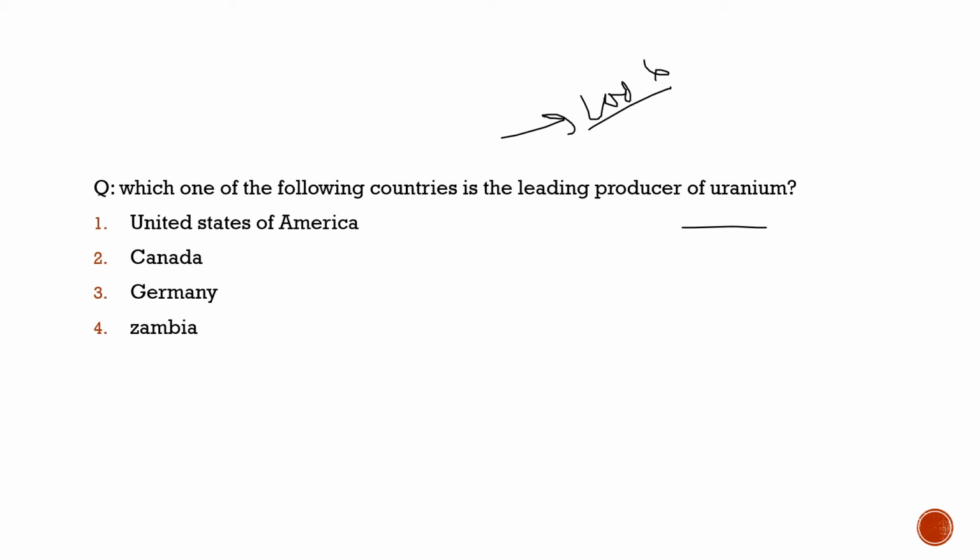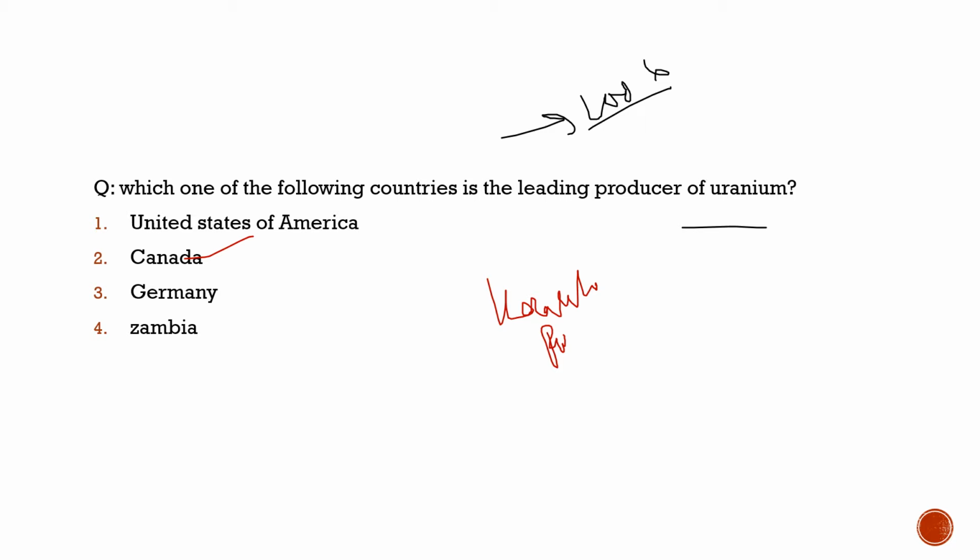As the question says, which one of the following countries is the leading producer of uranium? If we look at the current situation with respect to these countries, it would be Canada. But if overall we see which is the leading producer of uranium, Kazakhstan is the largest producer of uranium. It is Kazakhstan which is the largest producer, so please do remember that.